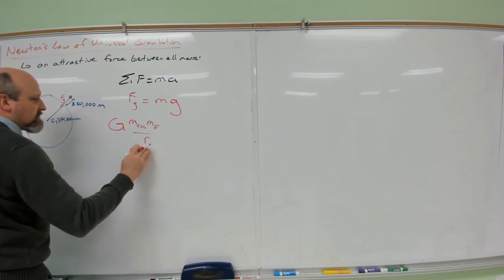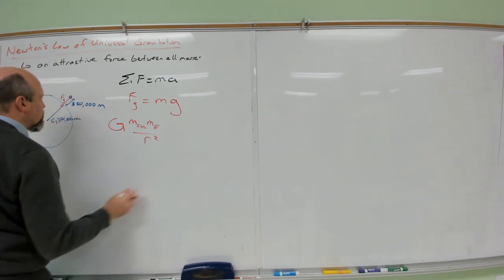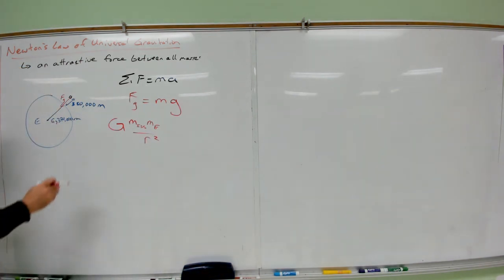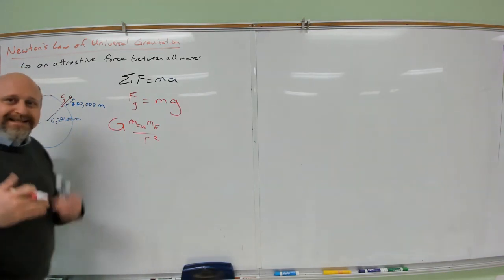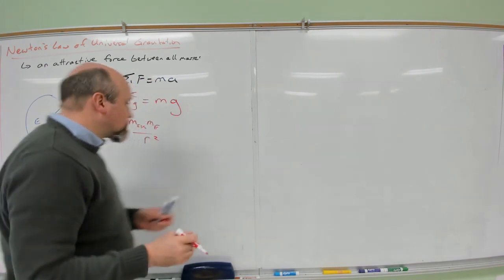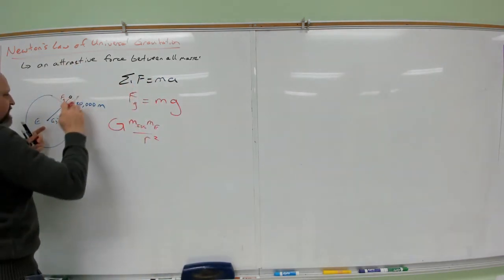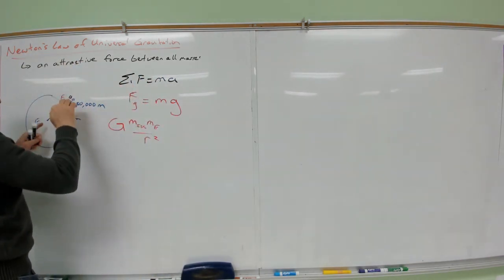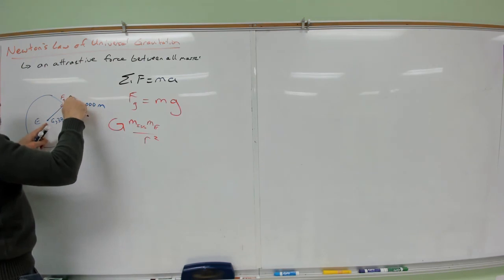Now, what about this r squared? The r is a distance in the radial direction, radiating out from the object. We're trying to find the distance between the middles of these two objects.